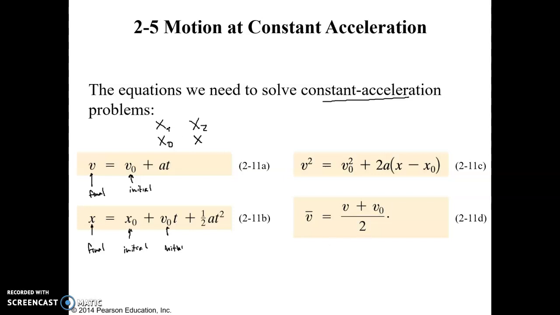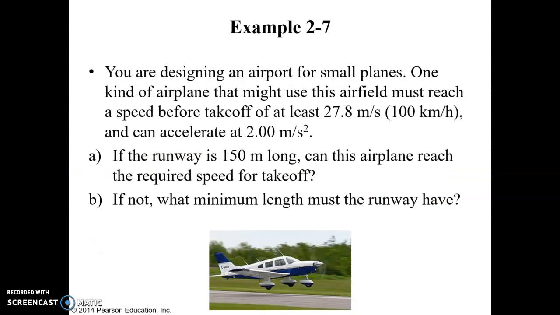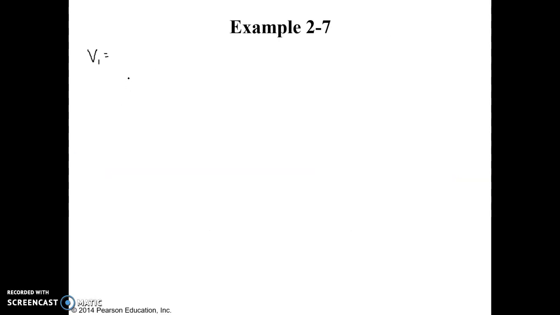Okay, so instead of using 1s and 2s, we're going to start using 0s and nothing. Really what I want to say is my initial velocity, so I should use a 0. So v naught is 0 meters per second. The plane's going to start from a standstill, and then it will, well, we don't know for sure.